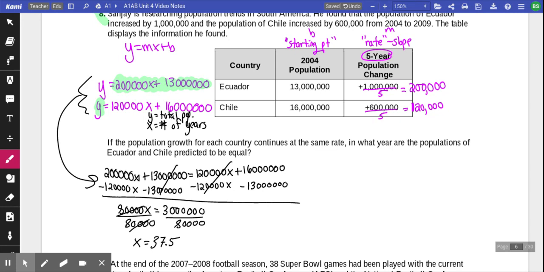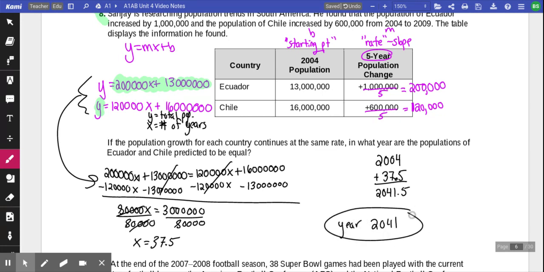So you need to use the problem before and say, well, we know the starting point. We started in 2004. If we add 37.5 years to that, that's going to put us in 2041.5. The 0.5 doesn't really matter for us, right? Because that just means we're halfway through the year. So in year 2041 is when the two populations will be equal to one another.